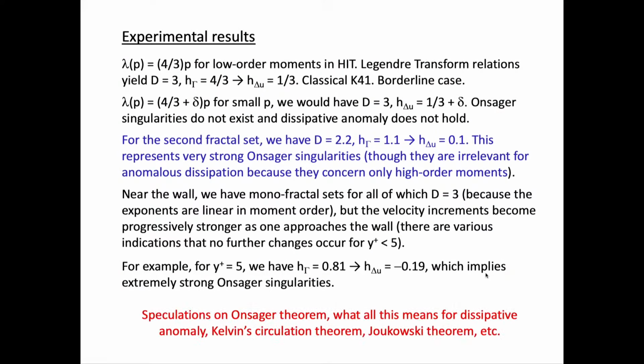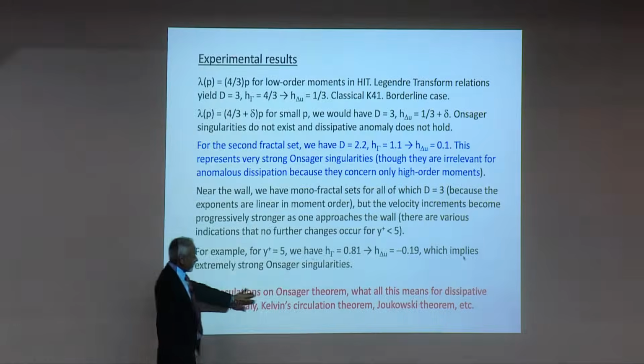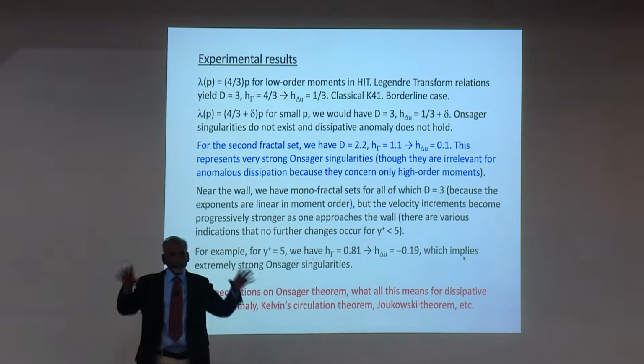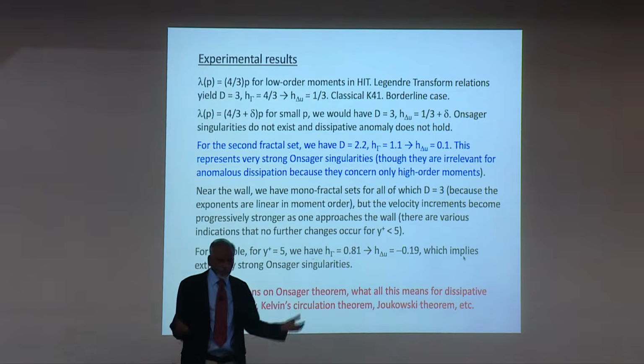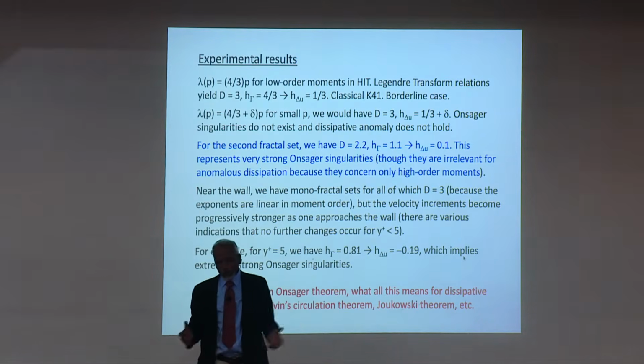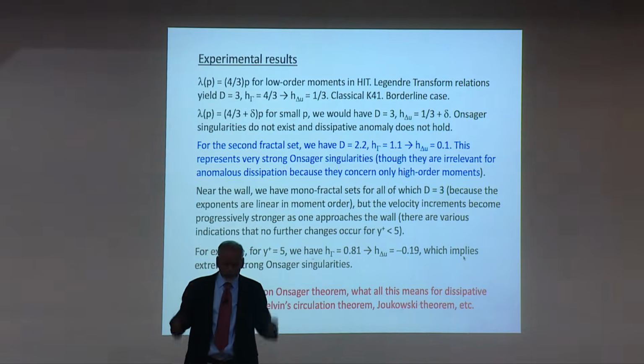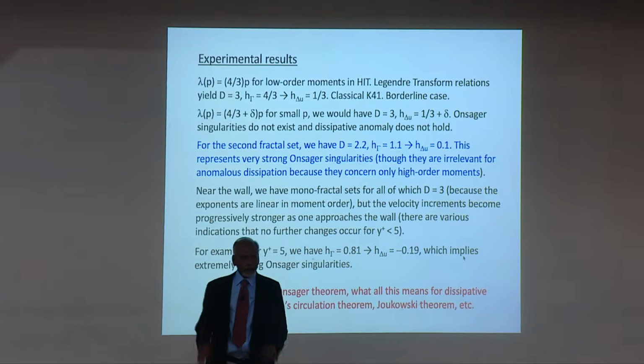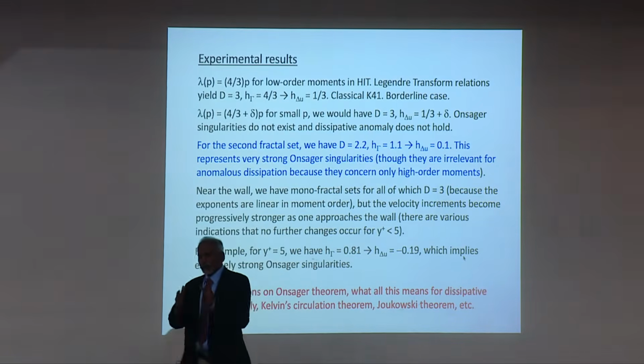Now, let's speculate a little bit on what all of this means. All of this means is that with respect to Onsager theorem, probably in the bulk of the flow, that is, flow without walls, for instance, or very far away from the walls, so the walls don't have any influence, you may have dissipative anomaly, just on the border.